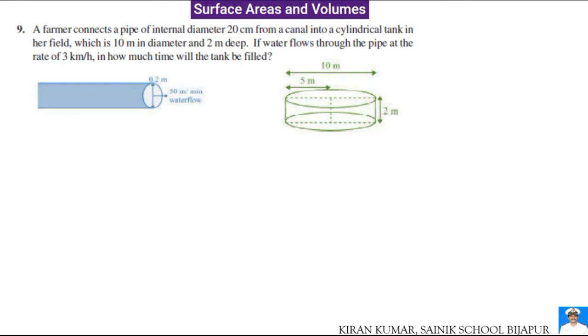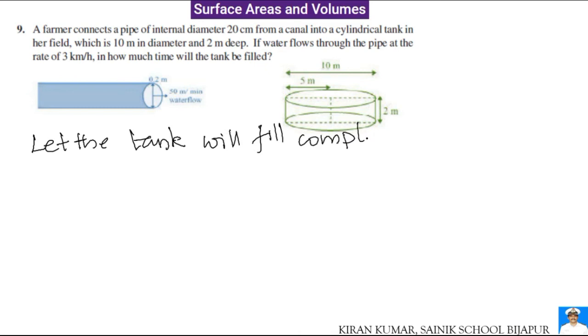Now they have given the radius of the cylindrical tank and the height of the cylindrical tank. Therefore, I can consider something like this. Let the tank will fill completely in some t minutes.